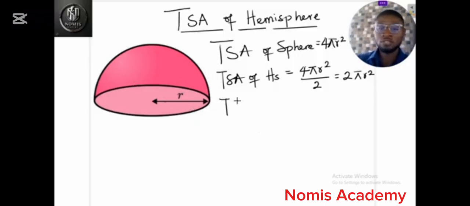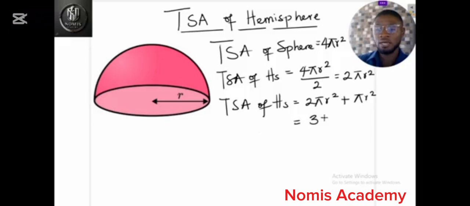Therefore, total surface area of hemisphere is equal to 2 pi r squared plus the area of a circle, which is pi r squared. So that is 3 pi r squared. So always remember the total surface area of hemisphere, that is half of a sphere, is 3 pi r squared. That is how the formula is derived.